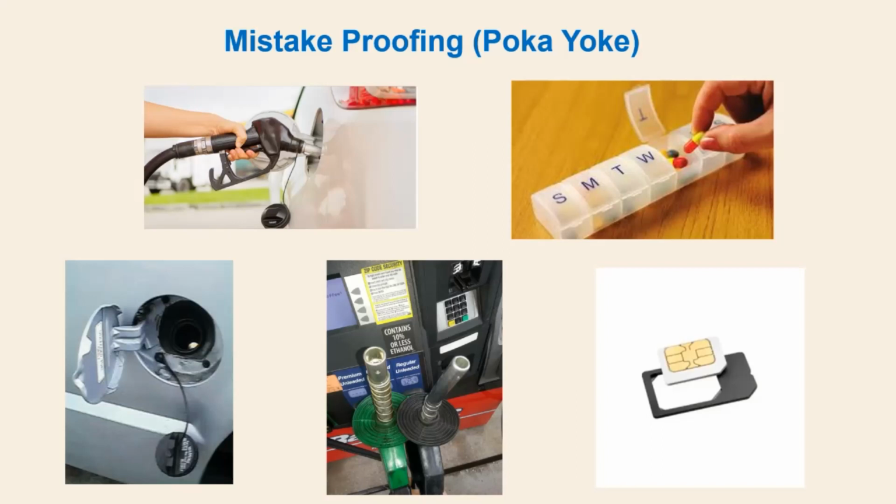And the other one, you know that many people use medicines and pills, and they make sure, especially our fathers and mothers, they use this tool to prevent any mistakes. And also the SIM card, you know that it can be inserted into your phone only on one side. You cannot use both sides. So it's another mistake-proof method.